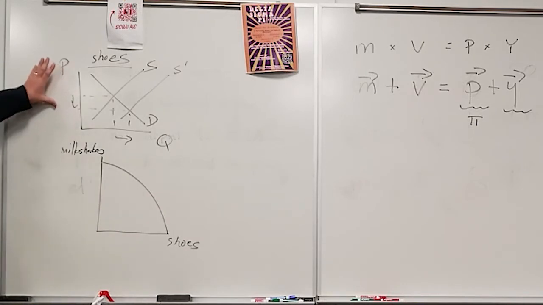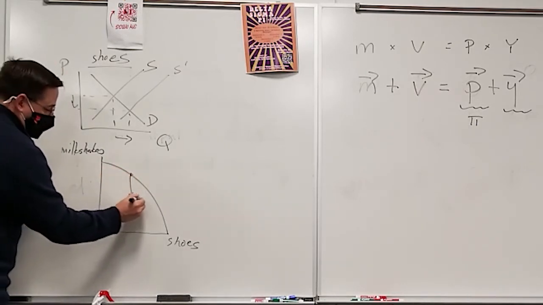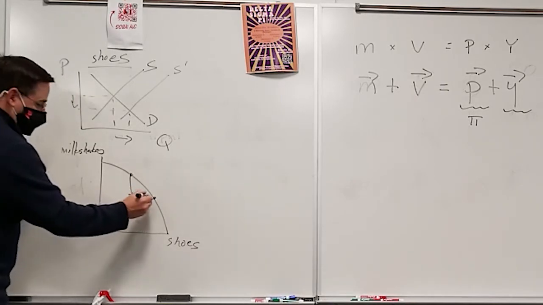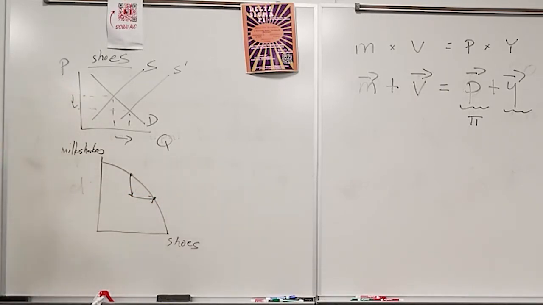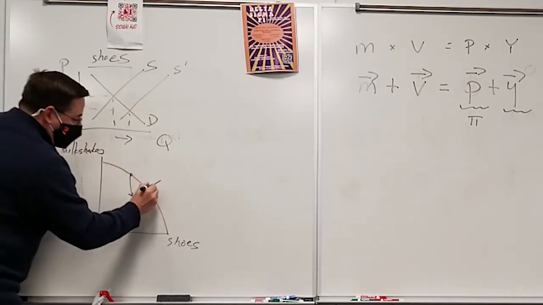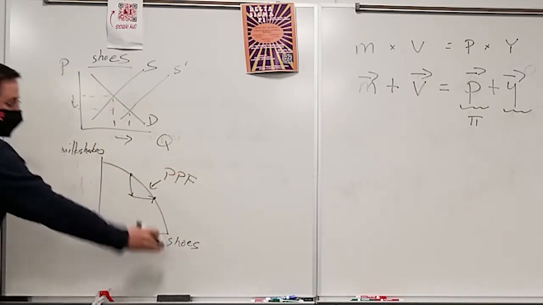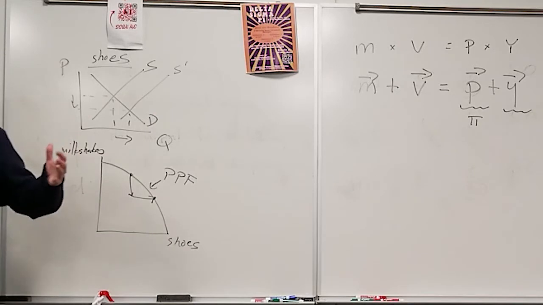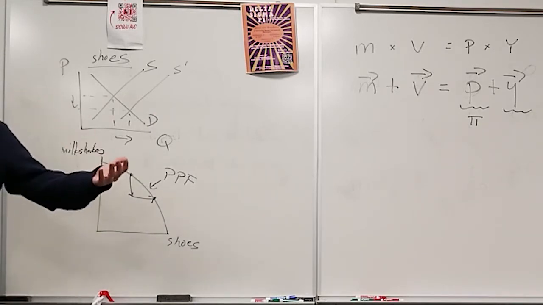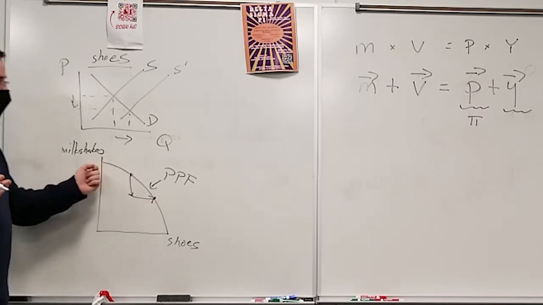What has happened here is that he has chosen to have fewer milkshakes and more shoes. Am I making sense still? One thing that's interesting to notice is that we're still on the same production possibilities frontier. It's the same frontier. In terms of our capacity to produce all goods and services, it hasn't changed. We're still able to produce somewhere along this line.